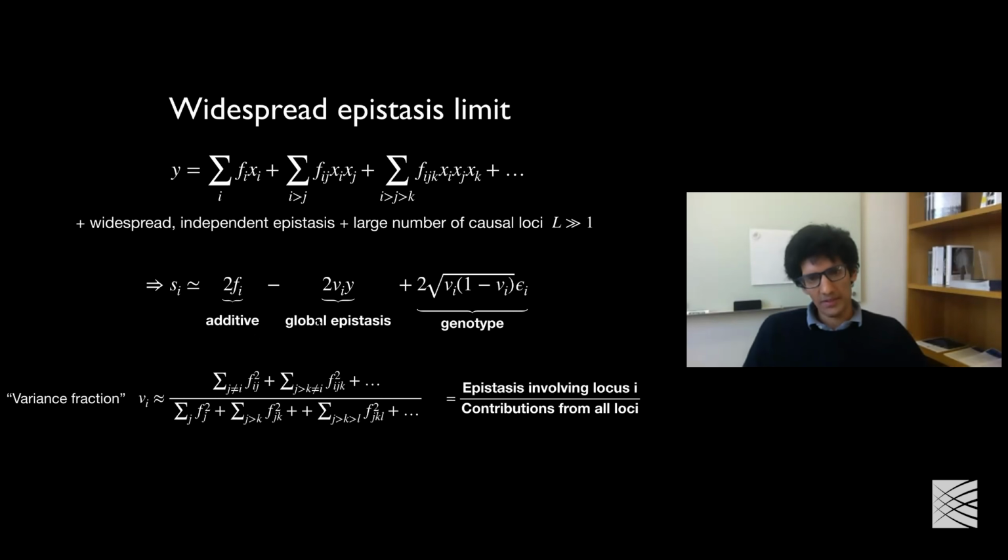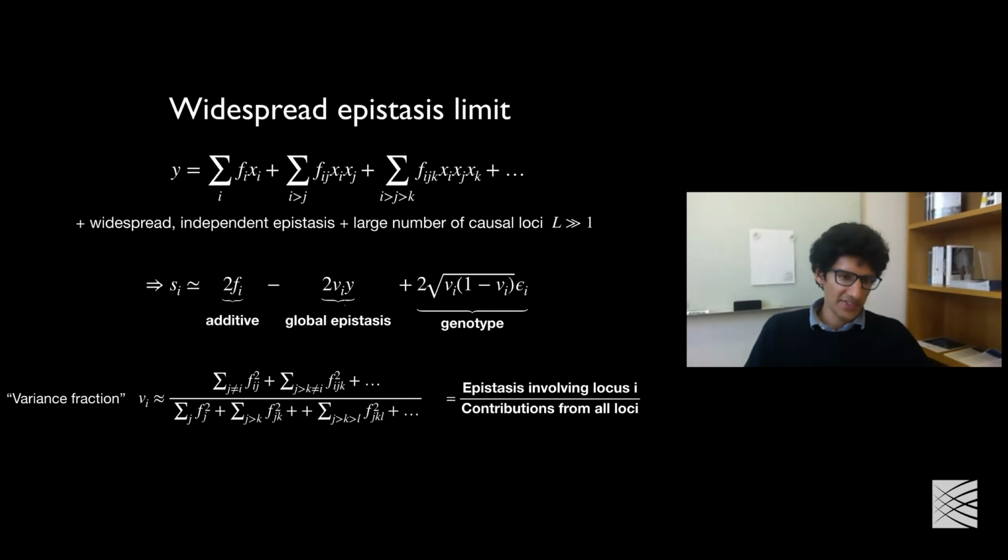Now, I haven't really explained what the different terms here are. This one is simply the additive effect of the specific mutation that you're applying, here at locus i. And the slope of this linear trend has a very specific interpretation.